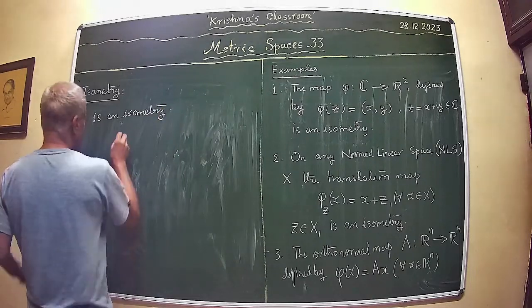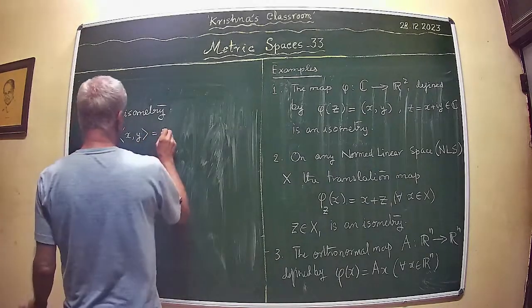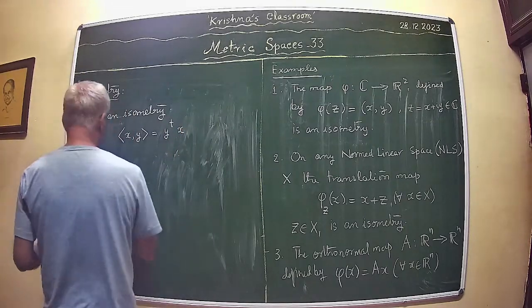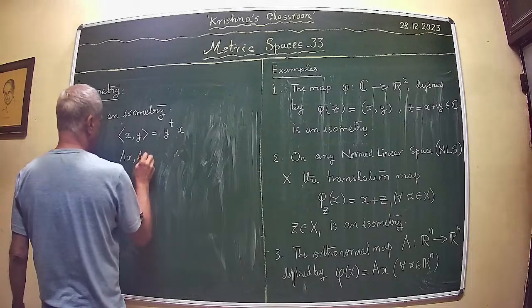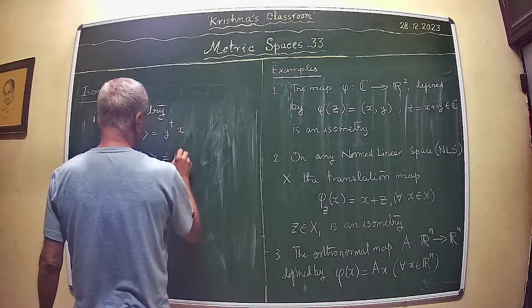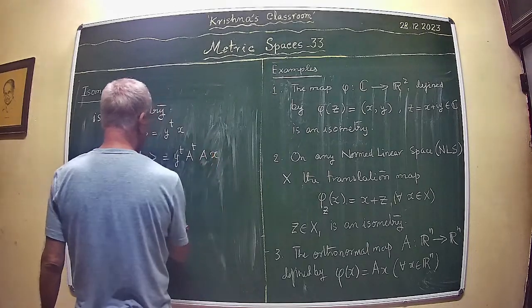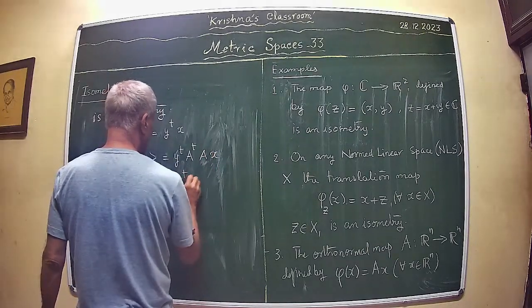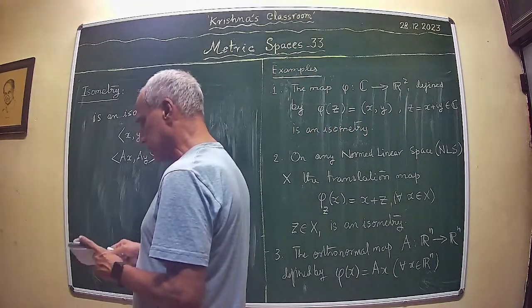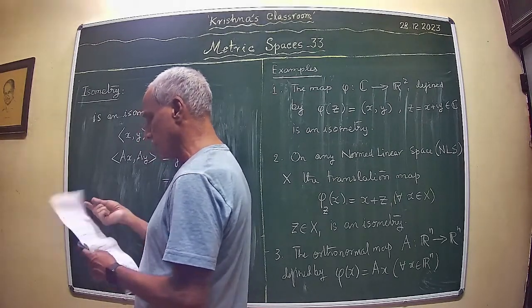This is because you have Ax, Ay equal to y transpose A transpose A x, so that it is an isometry. These are some of the examples of isometry.